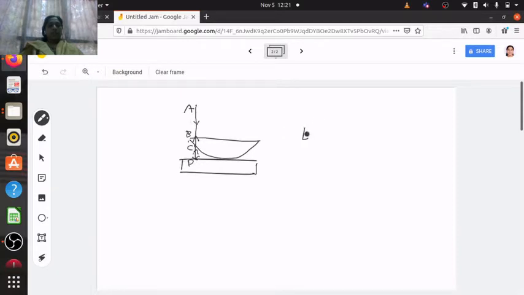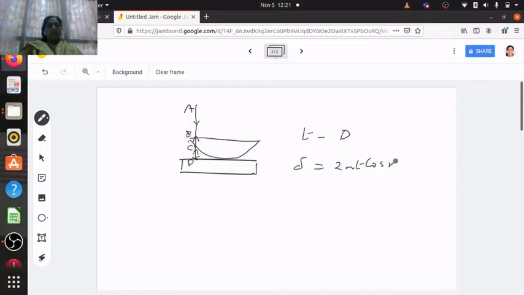Let t be the thickness of the air film at the point D.